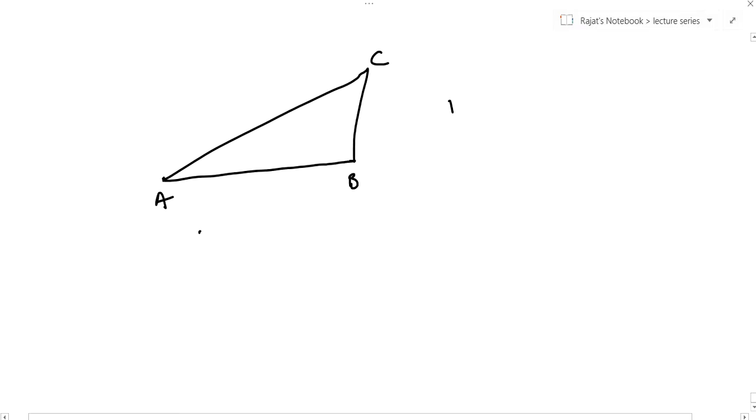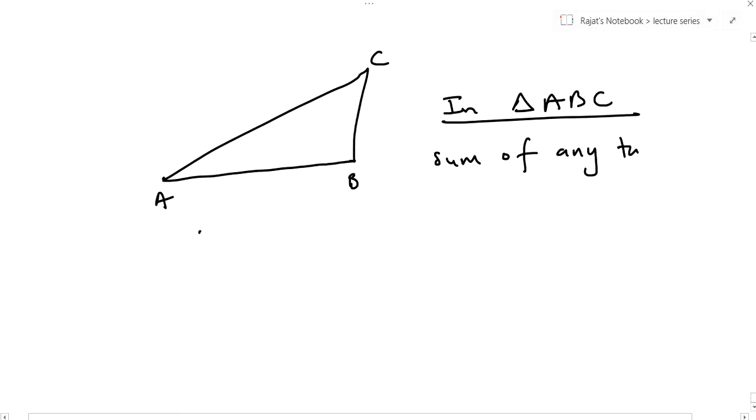In any triangle ABC, we know that sum of any two sides is always greater than the third side. In fact, I can put greater than equal to. The moment you say equal to, the triangle collapses and becomes a straight line. Okay, but this is the general inequality. The sum of any two sides is always greater than equal to third side.